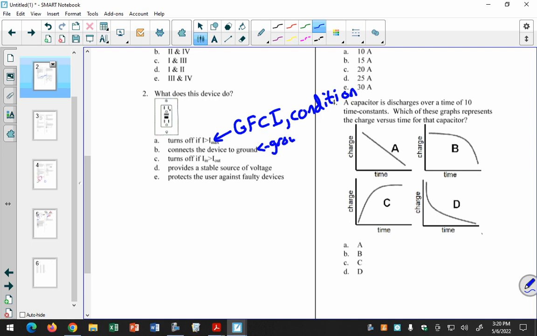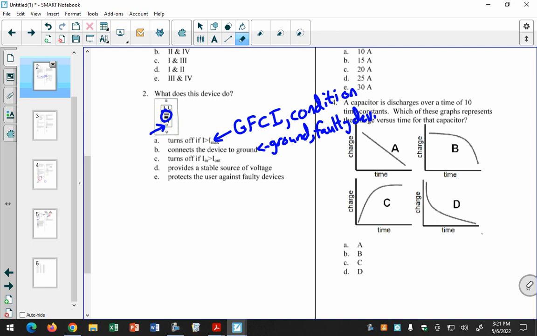That's that third prong. Look, we have a ground right here, that prong, although this problem was really talking about the little test and reset buttons. But the grounding connects your device to the ground outside of your home. This protects you from faulty devices. So if you get a wire inside of your computer or whatever that's frayed and touches the case, it protects you from getting electrocuted.